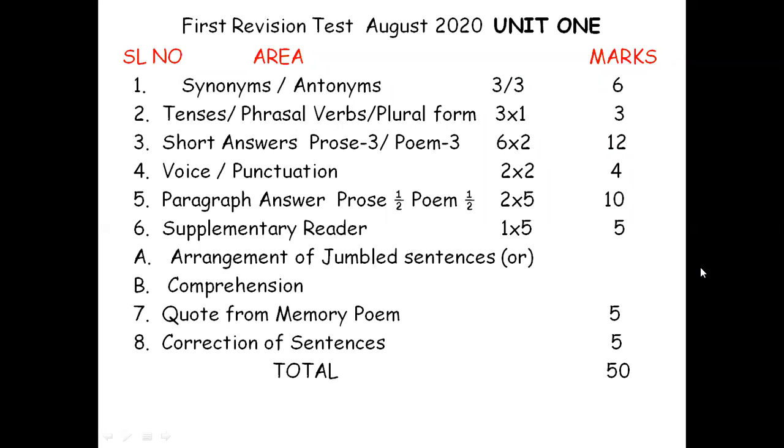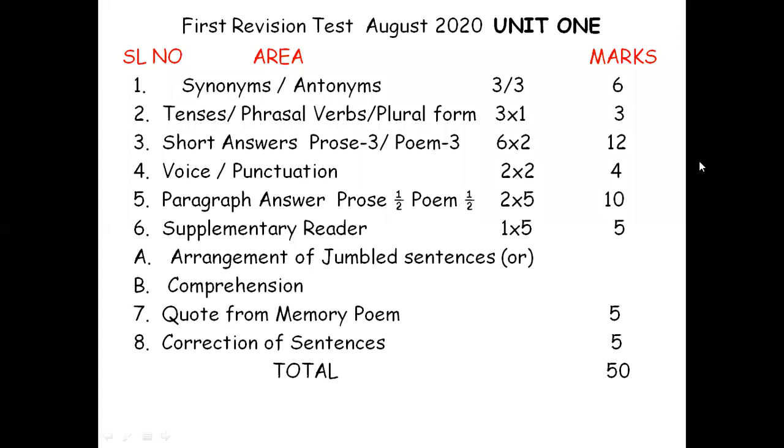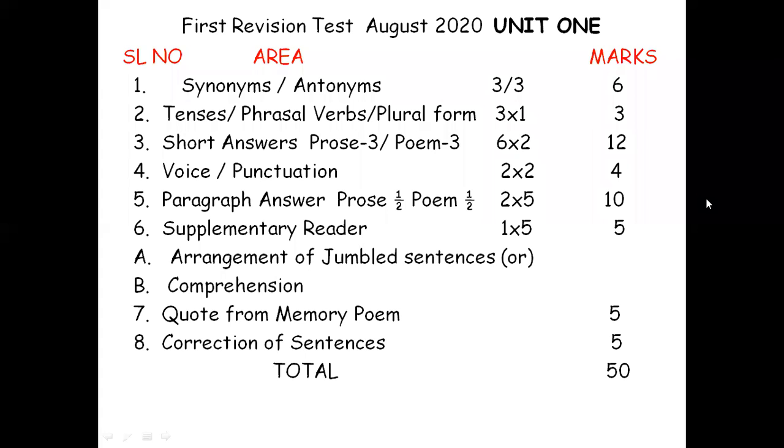The next one, rearrangement of sentences. That is from the supplementary reader. Just the last lesson, The Tempest, we learned that also in the last class. Some 10 sentences were there in the prose textbook. We dealt with that.